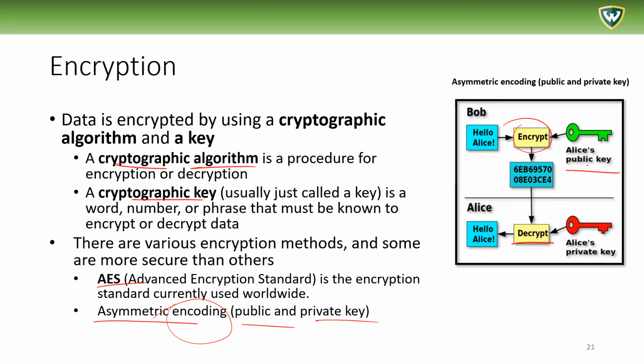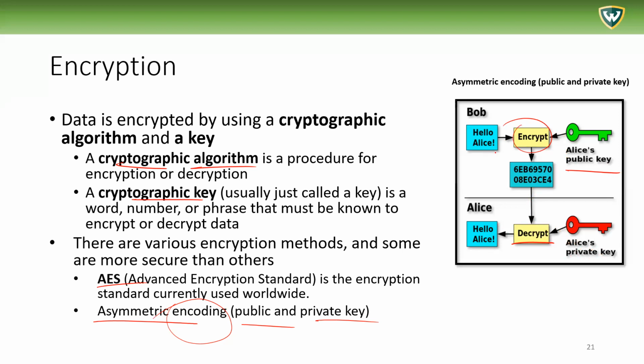Notice how the public key and the private key both belong to Alice, but Bob can use Alice's public key, because it's public, to encrypt the data. Only Alice should have her private key, and that works because the message was encrypted to be sent to Alice, so only she should be able to decrypt it.